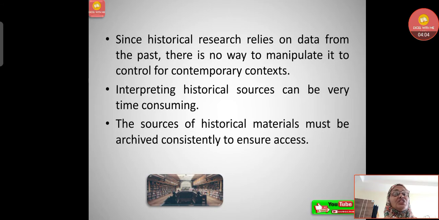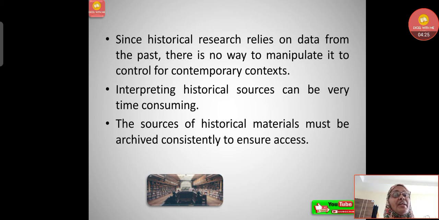Since historical research relies on data from the past, there is no way to manipulate it to control for contemporary context. Like in experimental research, we can control or manipulate things, but here in historical research, it is totally dependent on the past data, so there will be no manipulation or control.